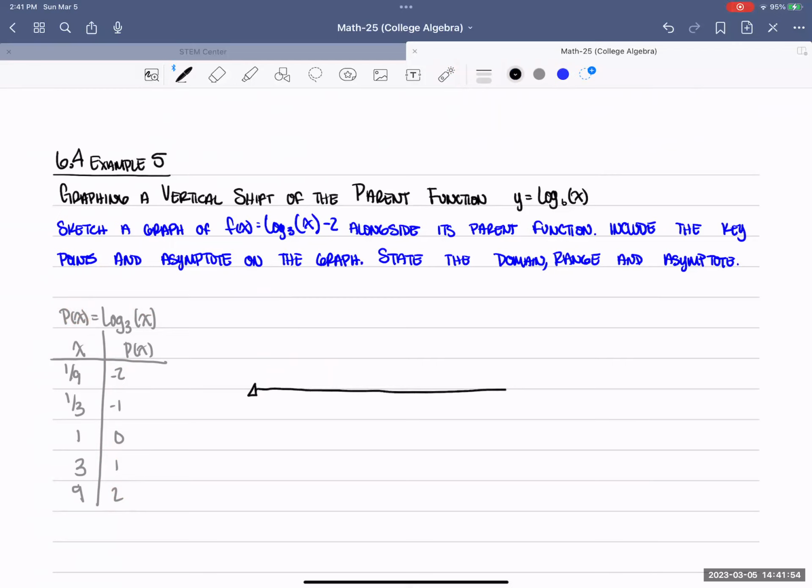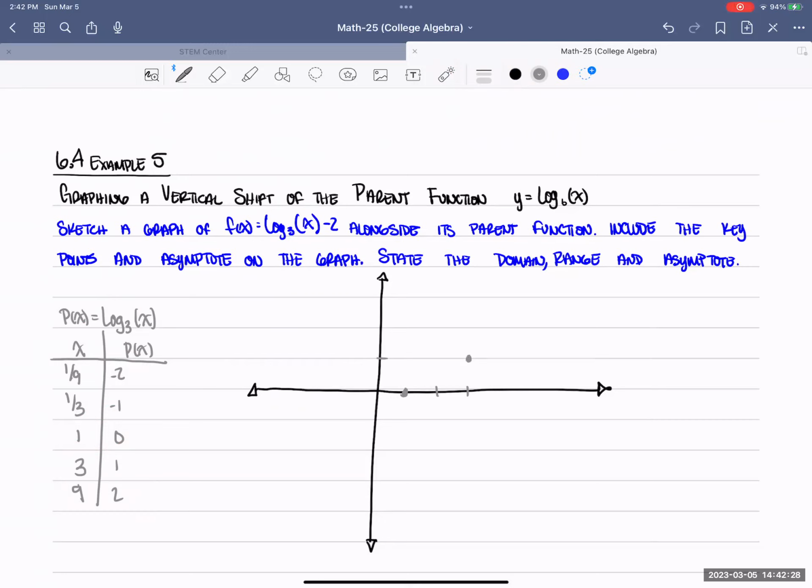And now let's graph this. We could start here in the middle. When we input 1, we get 0. When we input 3, we output 1.